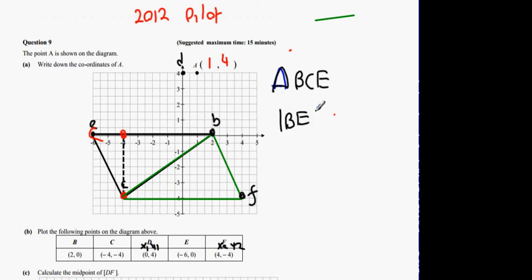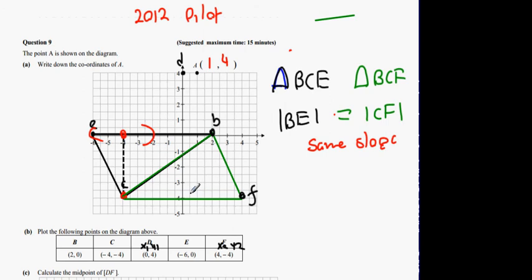The length BE is the same thing as the length, anybody? CF. Okay? They have the same slope, don't they? Do they have the same slope? They're both going directly across. That's okay. Next one. What can we say about BF and EC?